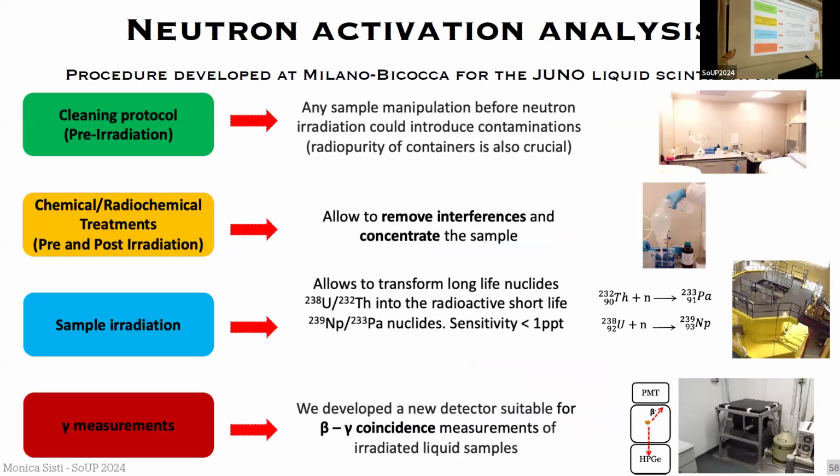So this, I don't want to spend too much time, is the recipe that we have developed at Milano Bicocca. To go back to the point of developing your custom technique to assess the sensitivity that you require, it's a neutron activation with some pre-treatments and post-irradiation treatments and beta gamma screening to increase the sensitivity, which, as I showed you in the table before, was limited by the sample mass limitation.